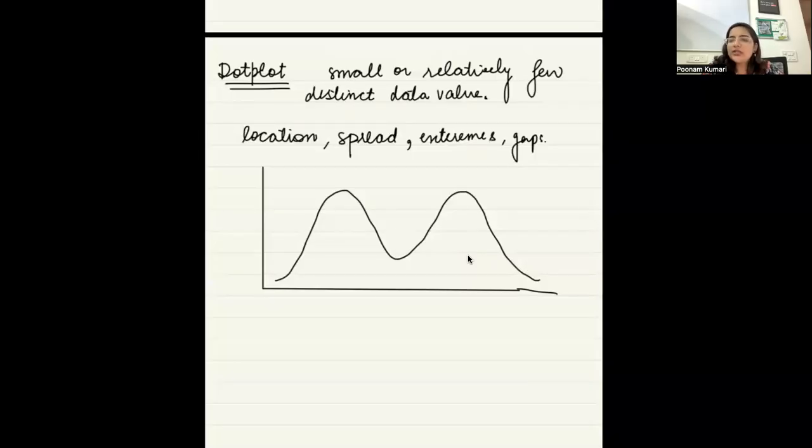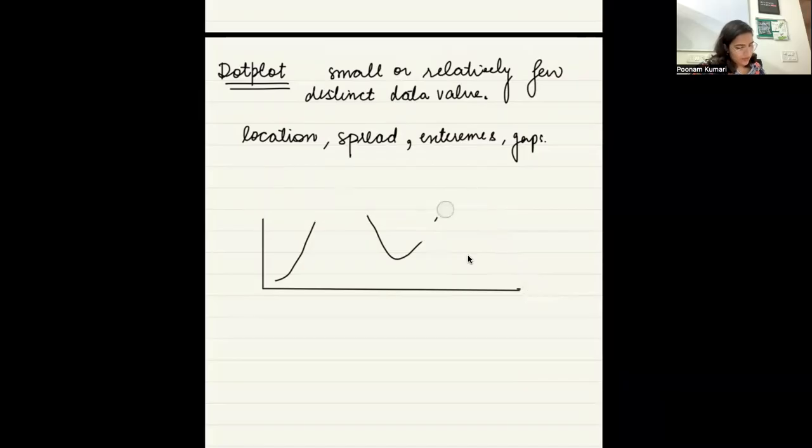But it doesn't make too much sense with bimodal data. But there is no hard and fast rule. You can say these things here also.